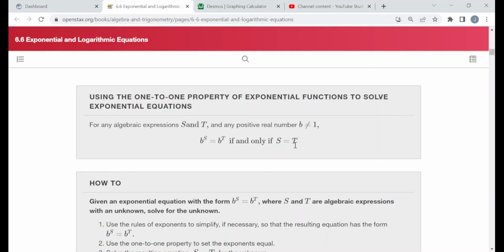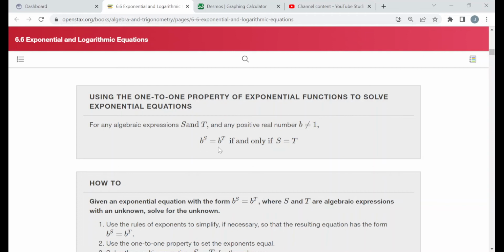This is because exponential functions are one-to-one functions. They pass the horizontal line test. Two different inputs are going to give you two different outputs. That's where this is all coming from.